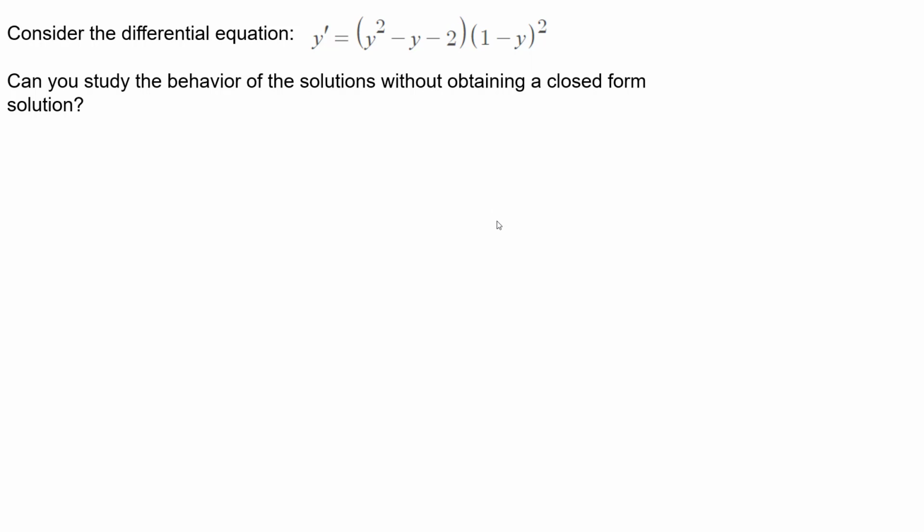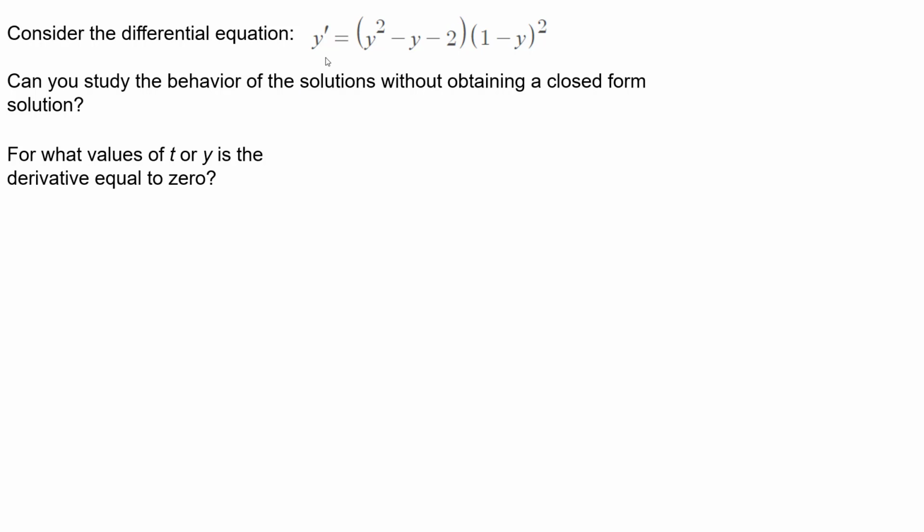All right, so this is the process. The first thing you do is ask, for what values of t or y is the derivative equal to 0?